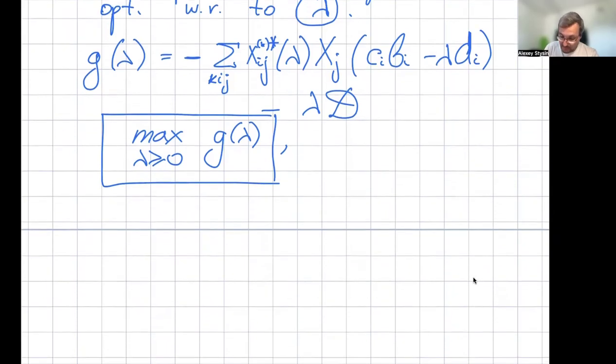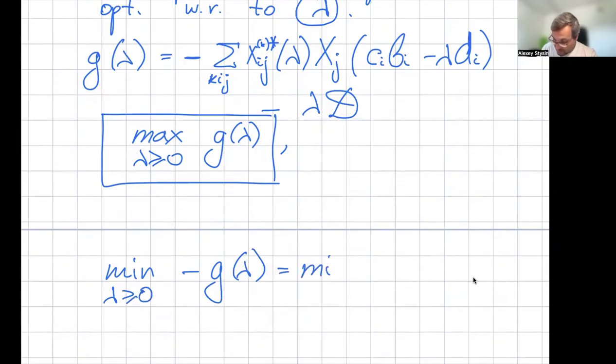So I'm going to minimize the minus g of lambda, which is going to be minimize the sum of xij star of lambda, xj, cibi minus lambda di.